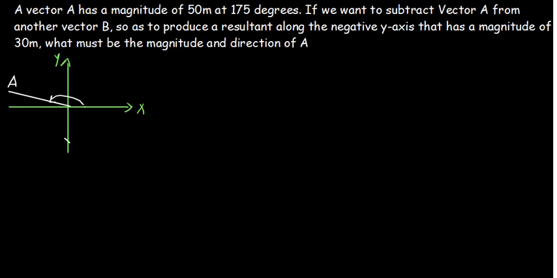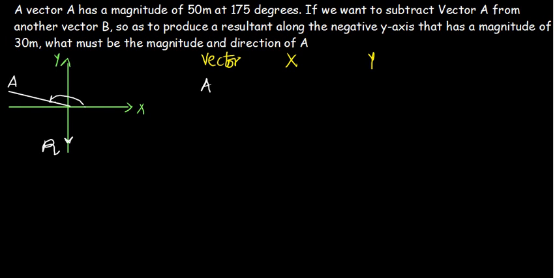It's here. That will be the resultant. Now what we want to find is a vector B which we are able to subtract from. So first I'm going to break this into components. I'm going to put the vector here, the x component, and the y component. The first one is vector A.